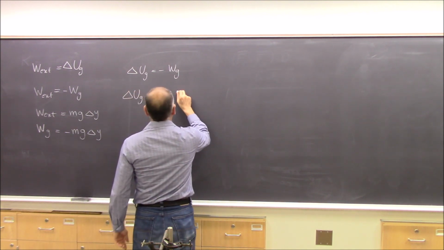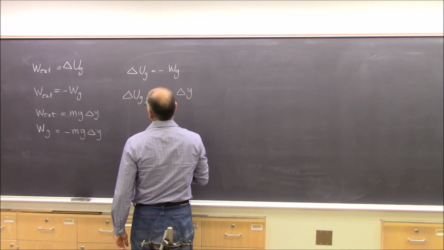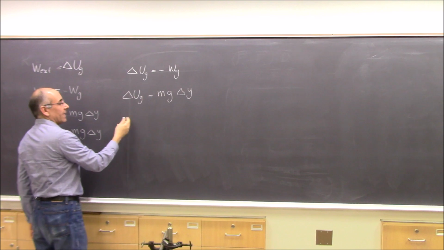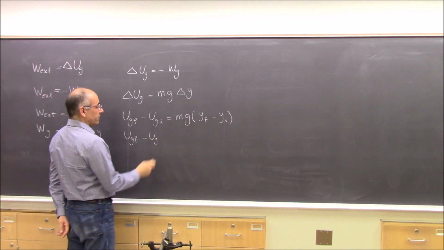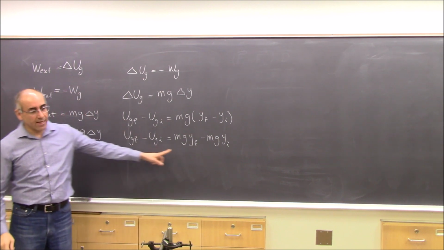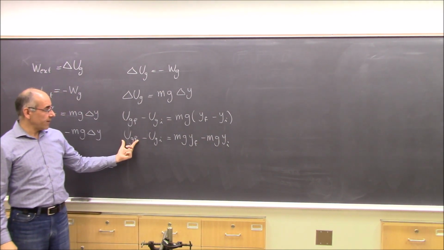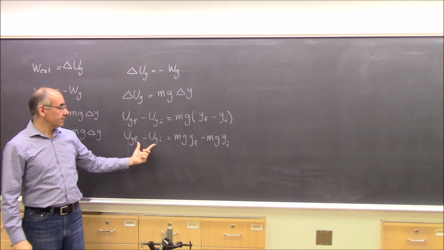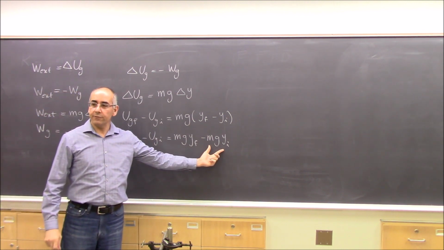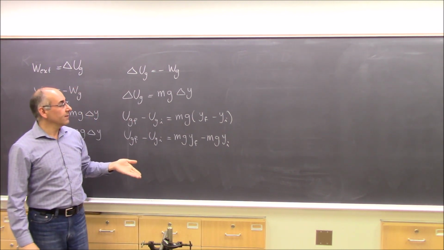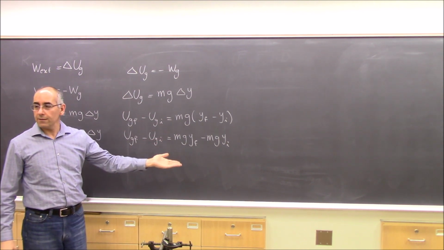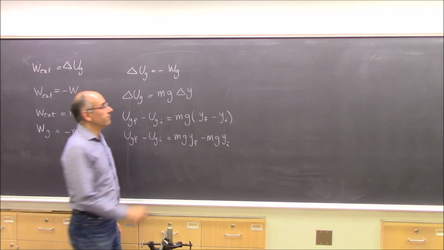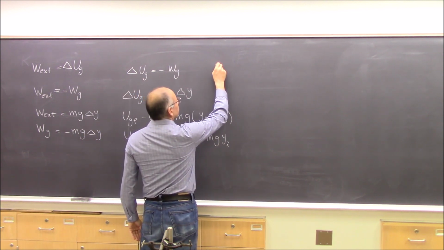If I now write this delta y, what this means mathematically is that you have that, right? You can see that final is with y final, initial is with y initial. So in general, you can say gravitational potential energy is just mgy for any y value according to the coordinate system.